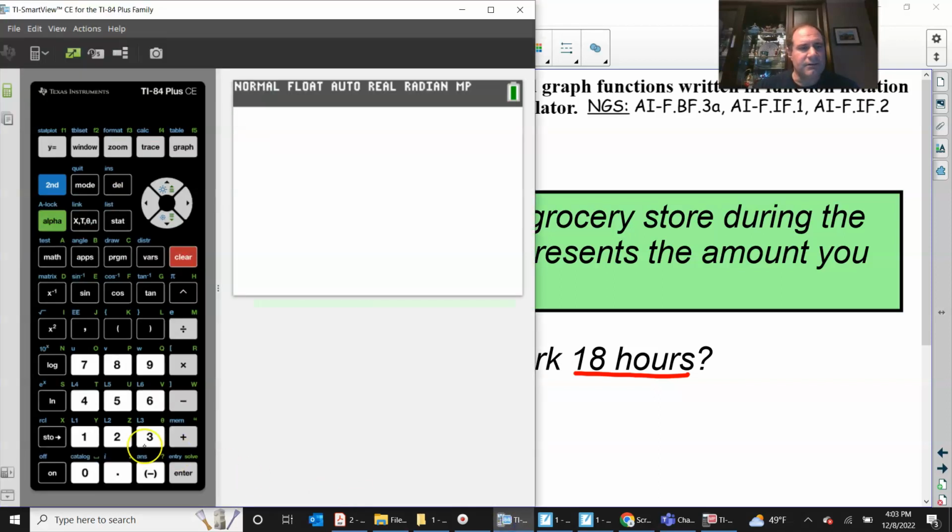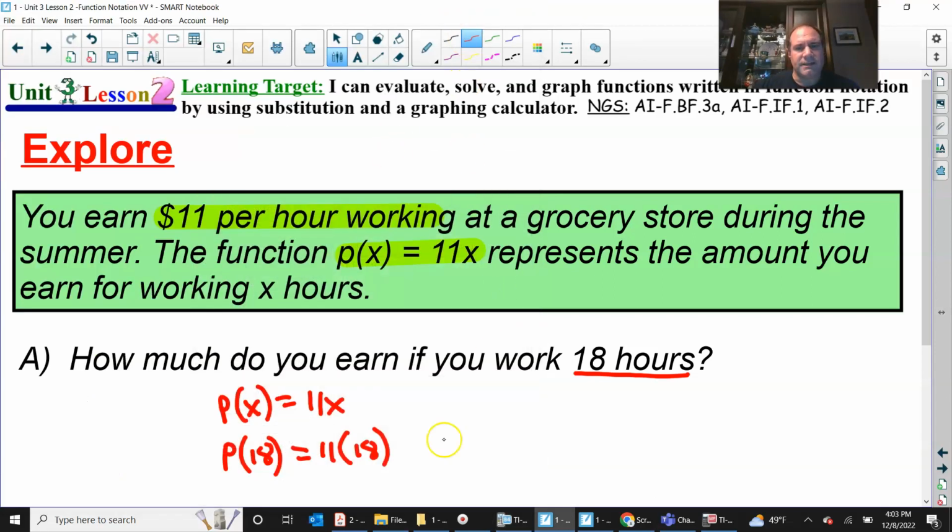Grab my calculator. 11 times 18 is my answer. I make $198. So P of 18 equals 198. Remember, the input is inside the parentheses. Inside the parentheses is the input, the output is the other number.